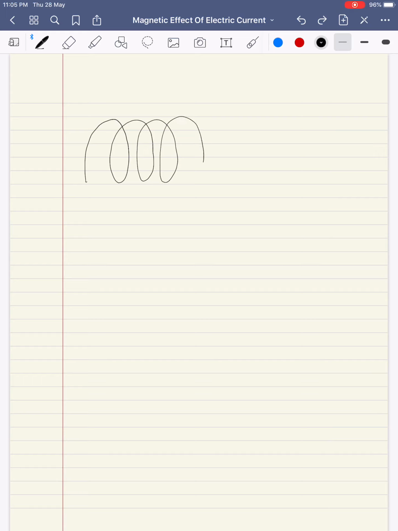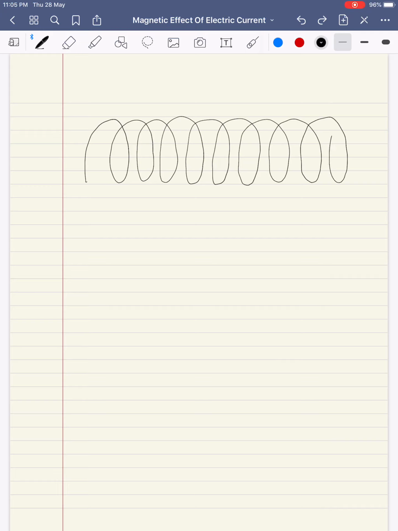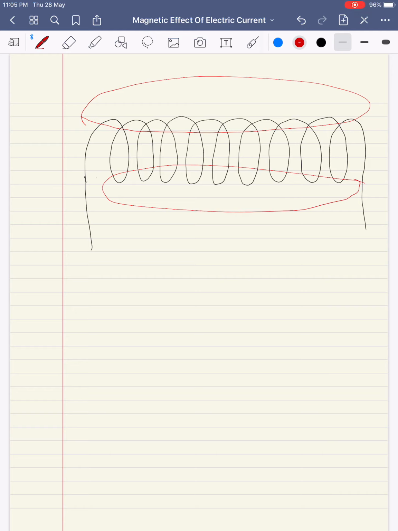For an n turn solenoid, okay, wherein we have the magnetic lines of force. So the density of these magnetic lines of force is more within the circular coil.